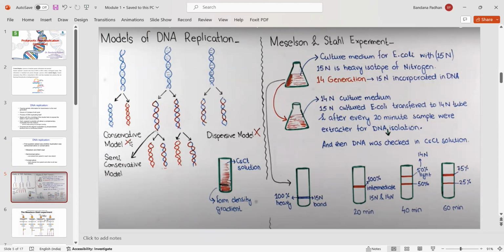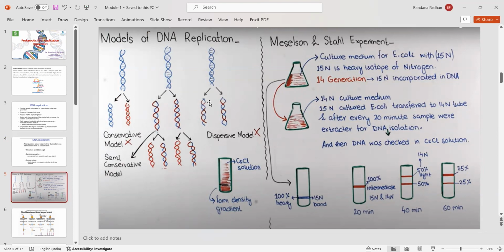But in the semi-conservative model, as we discussed, each individual strand of DNA will act as a template for making newly synthesized DNA. So in semi-conservative replication, there will be transfer of genetic information from one generation to another.